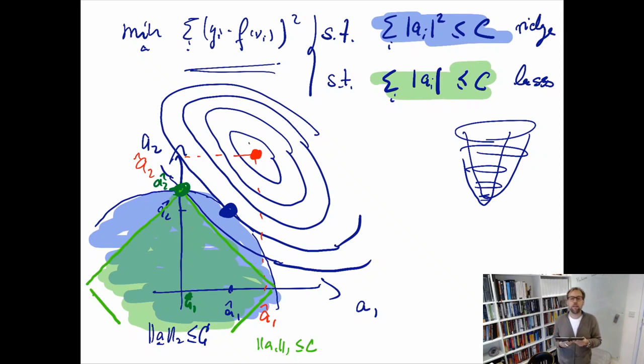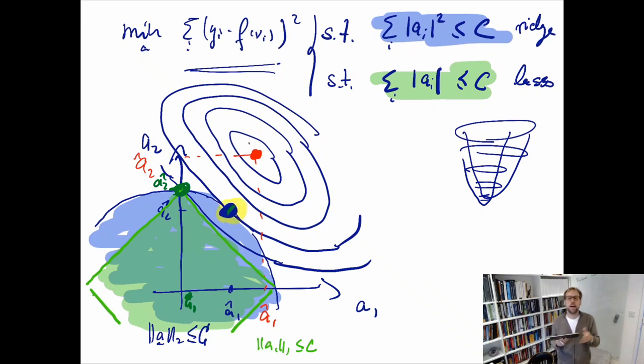So effectively, due to the nature of this constraint, the L2 constraint is this nice circular shape, or in higher dimensions some form of ball. And this ball will effectively always touch the height line somewhere in the interior, as you see in this case here.